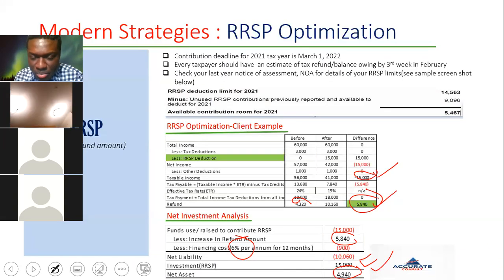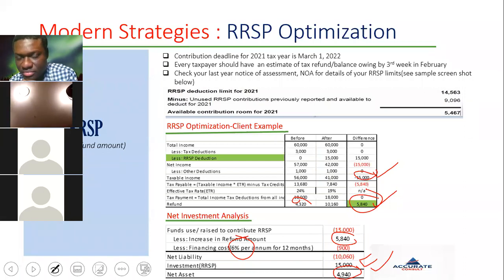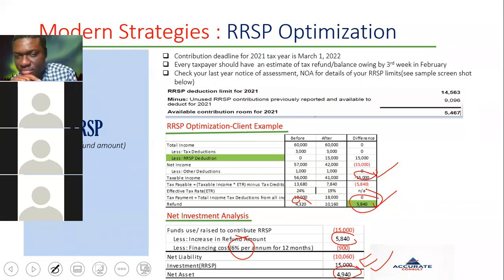Okay, so about spousal RRSP, I know that's another method that you can use to reduce. So how does it work? Does it really mean that the spouse, the significant other, must be a low income earner, or can I just decide, okay, fine, I want to reduce my tax, I know my wife has room, I can just transfer into her?